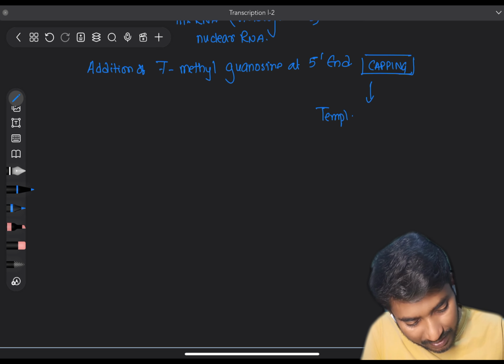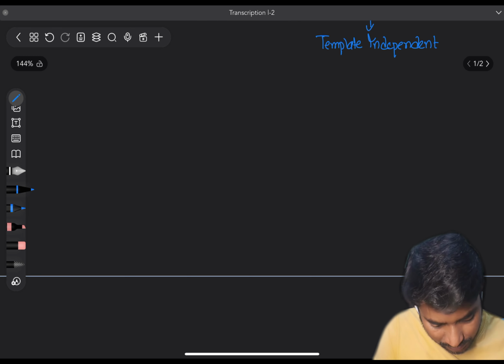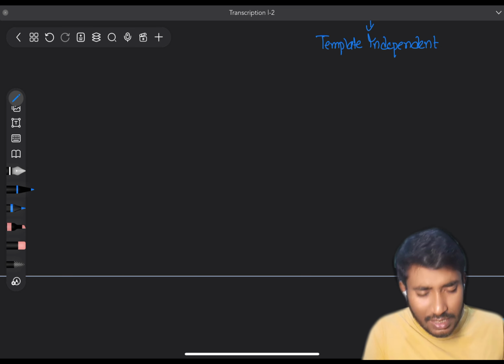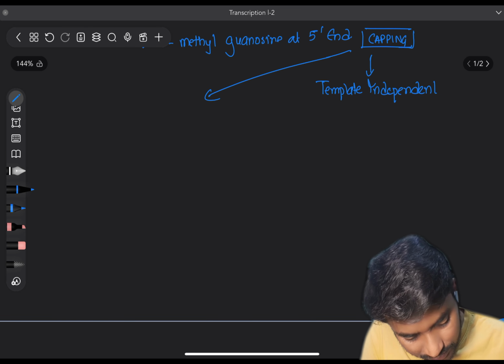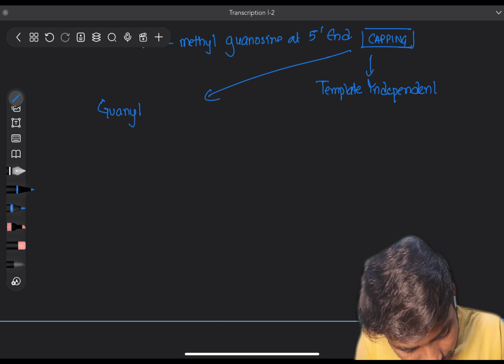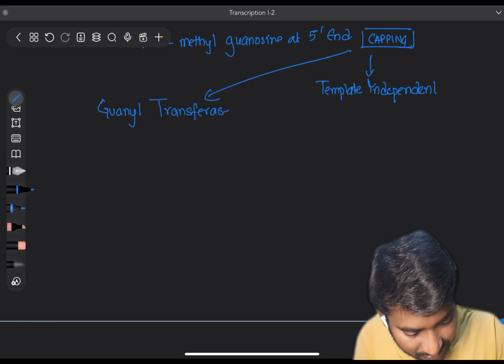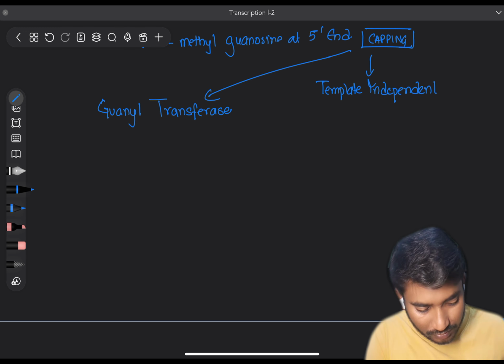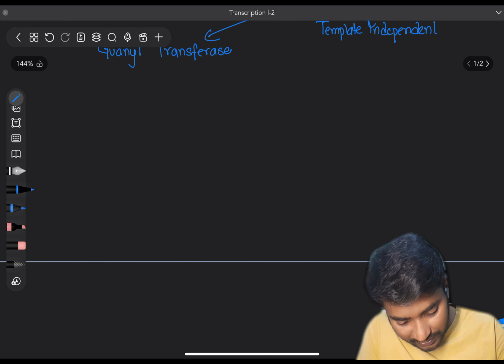Capping is template independent. Template independent capping also contains an enzyme called guanyl transferase. So capping contains the enzyme guanyl transferase.